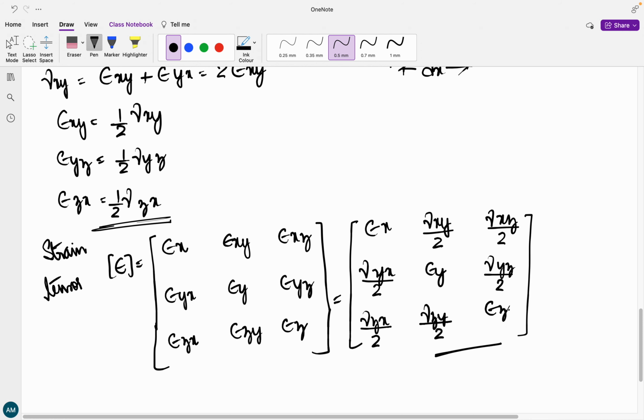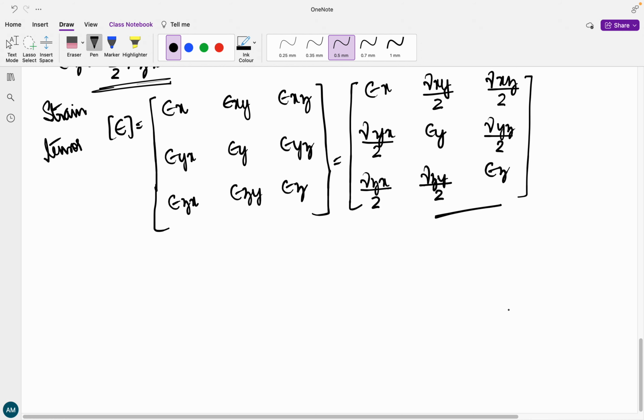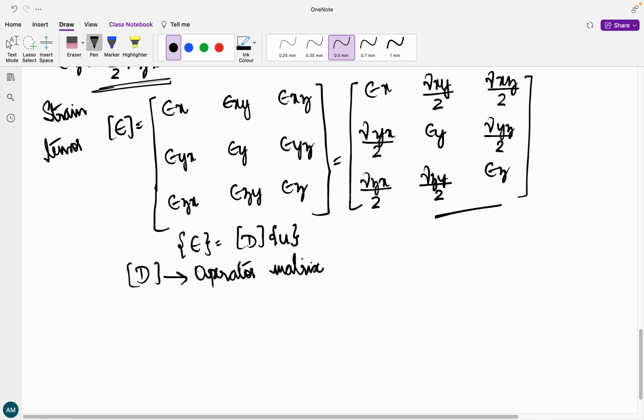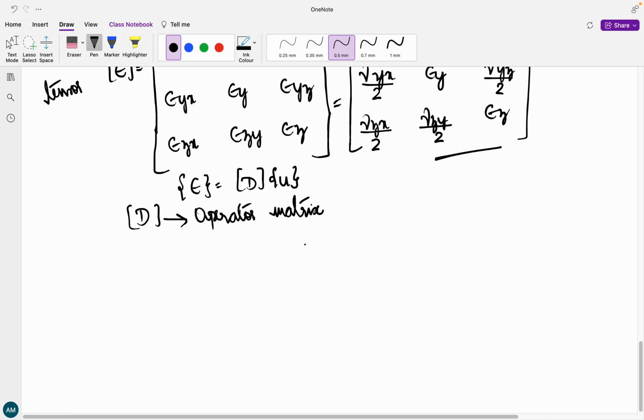We have rewritten the strain tensor, or I can also write this as epsilon equals d times u. So d is nothing but an operator matrix. Operator is nothing but dou by dou x, dou by dou y, dou by dou z.